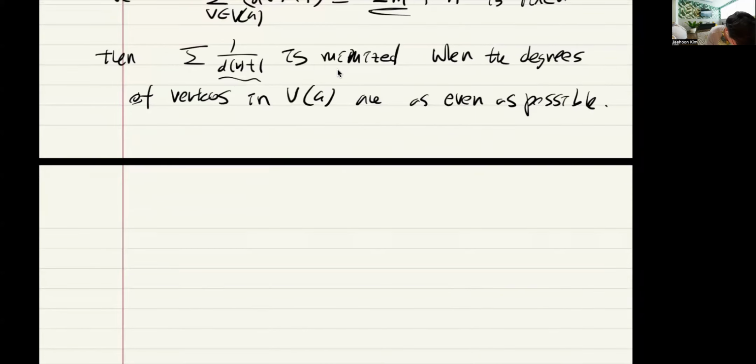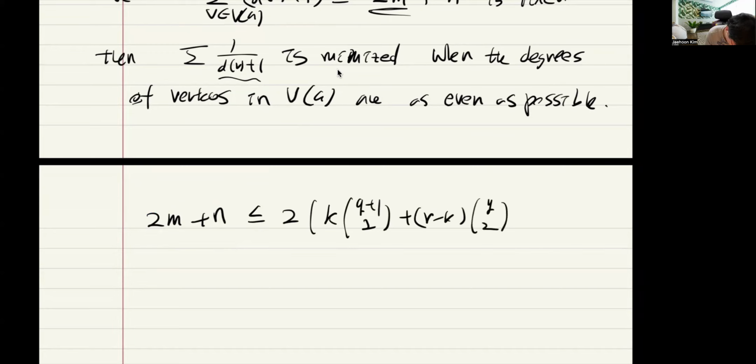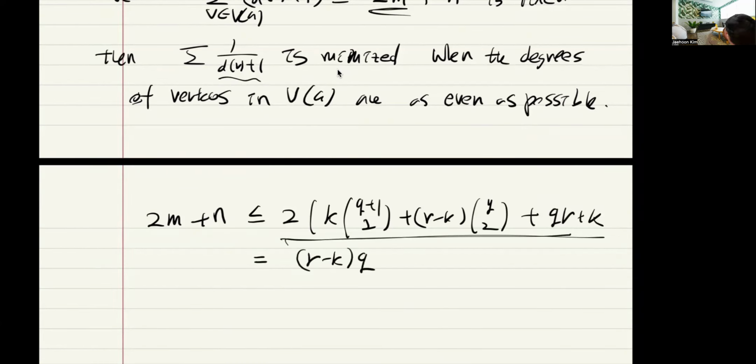But what do you know? If m is smaller than or equal to 2 times k times q plus 1 choose 2 plus r minus k times q choose 2, and because n is qr plus k, you can rewrite this as r minus k times q plus k times q plus 1.